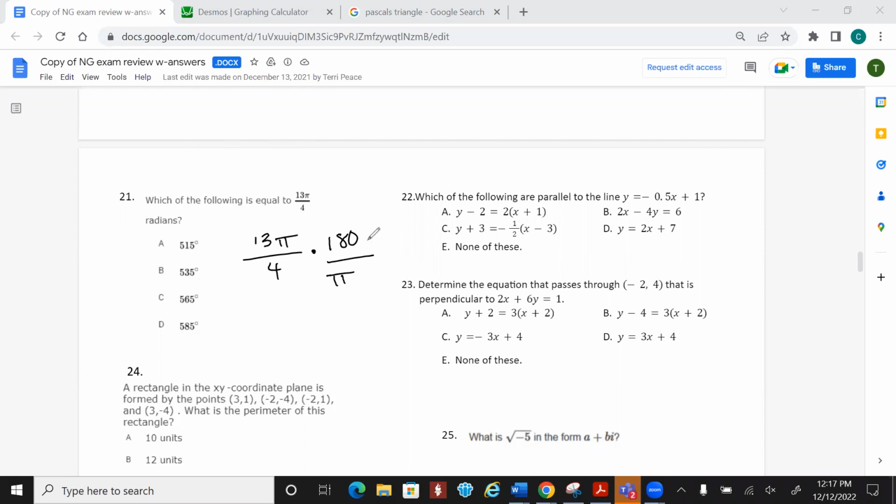If you're going from radians to degrees, this is how you're going to do it. So the pi's will cancel. And then you'll take 13, multiply it times 180, and then divide it by 4. So that's going to give me 585. Ta-da.